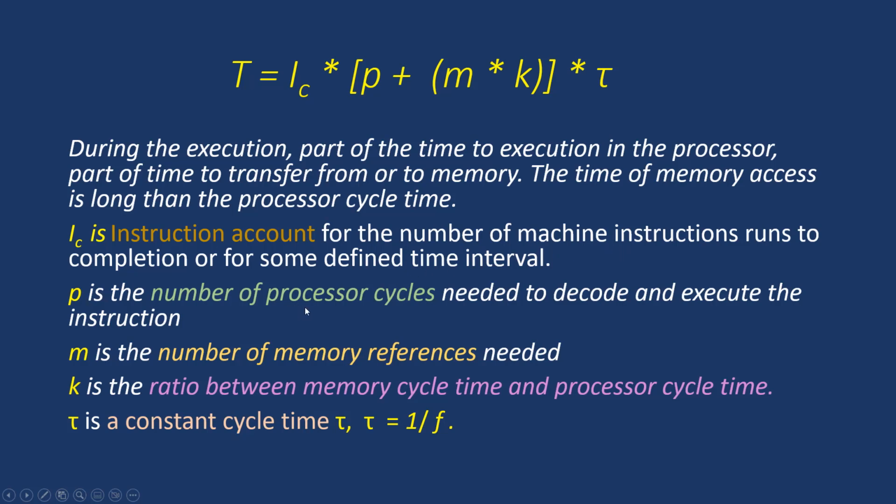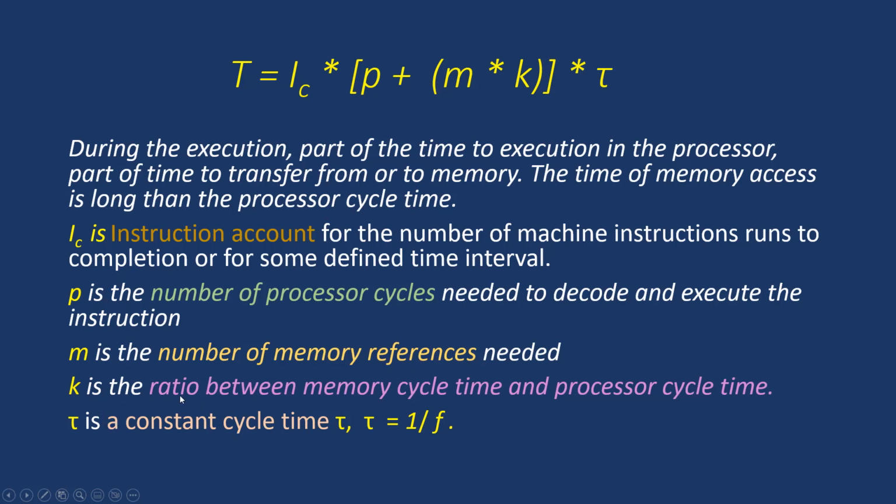To decode and execute one instruction takes multiple clock cycles. M is the number of memory references needed. How many times do you want to reference memory, to get data from memory or write data to memory?